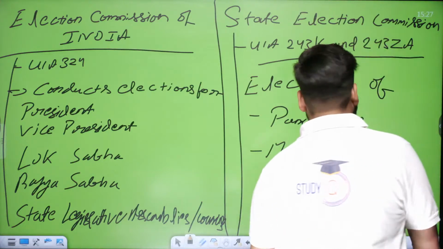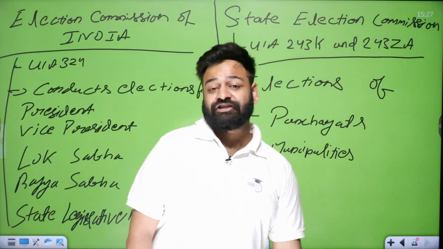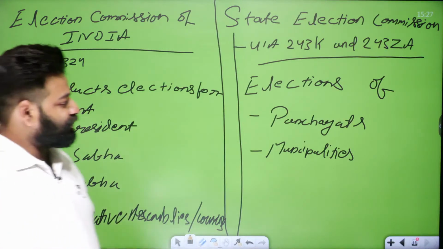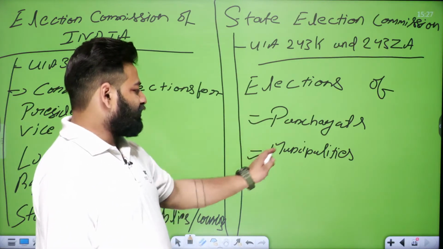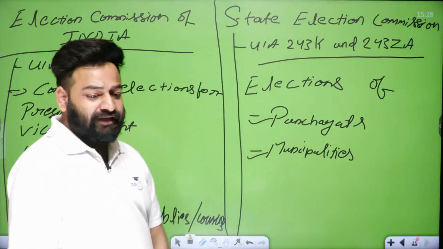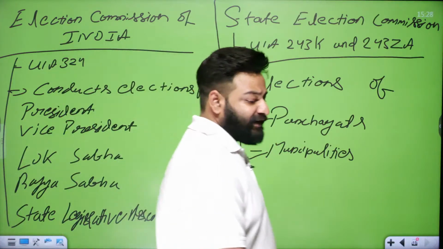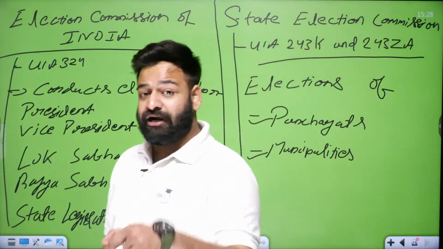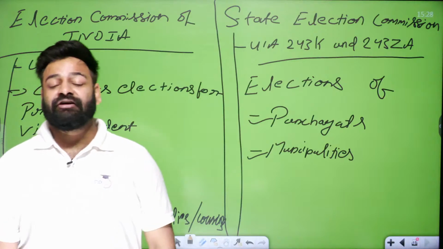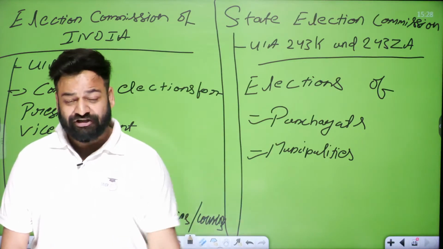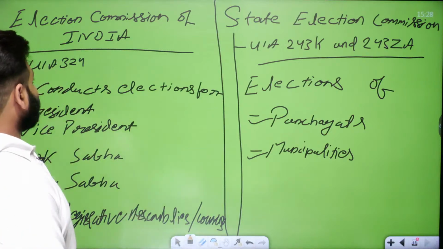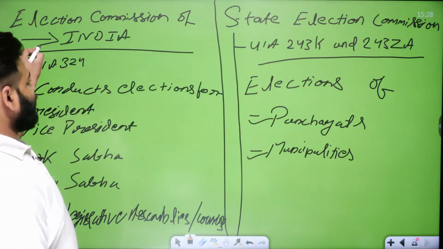Remember, the State Election Commission is just and only for the conduct of elections for panchayats and municipalities, whereas the elections for state legislative assemblies, that is Vidhan Sabha or even Vidhan Parishad, presidential elections, vice presidential elections, and elections for Lok Sabha and Rajya Sabha, are all the Election Commission of India only.